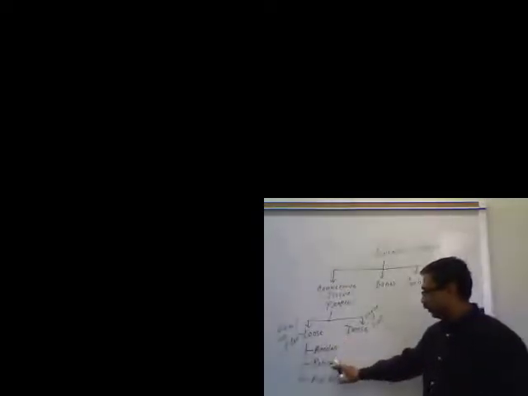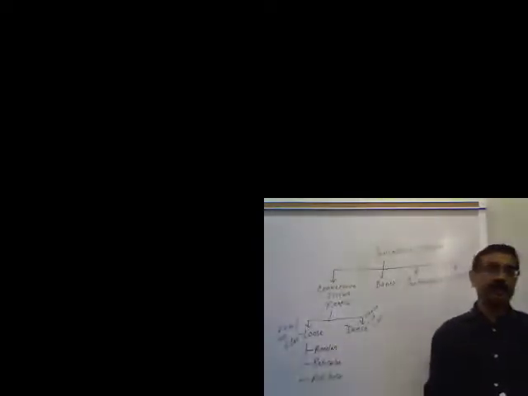Now loose could be three types. Loose areolar, loose reticular, and loose adipose. So these are three types of loose connective tissue proper: areolar, reticular, and adipose.